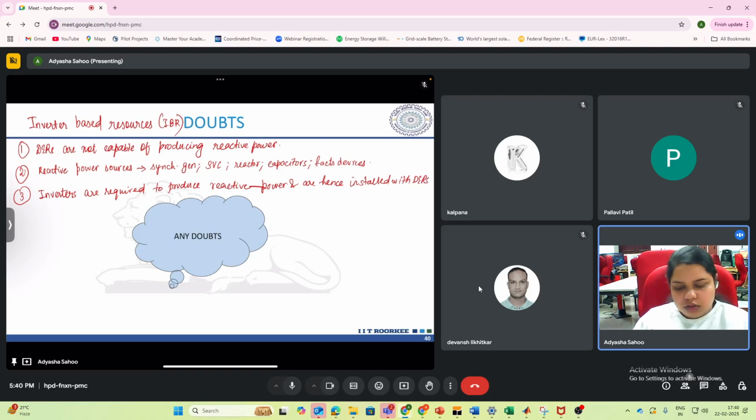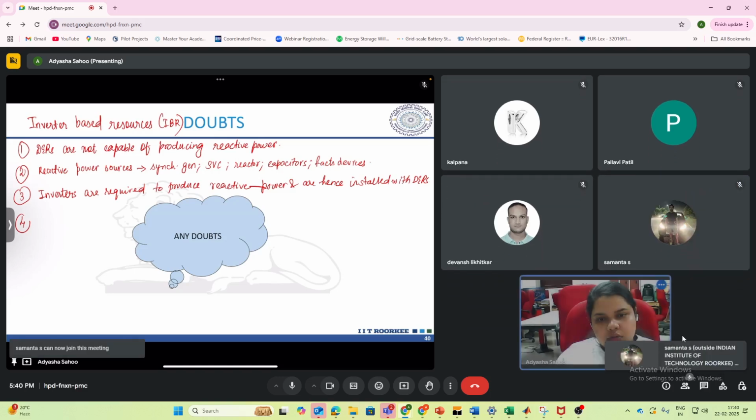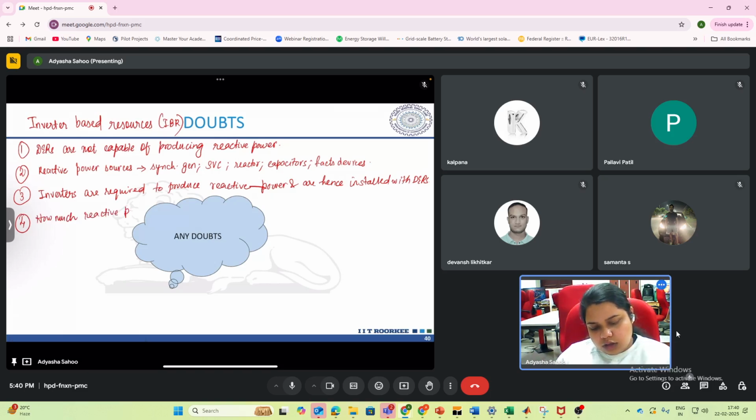Now the next quantitative question is, how much reactive power support are the DRs required to provide?